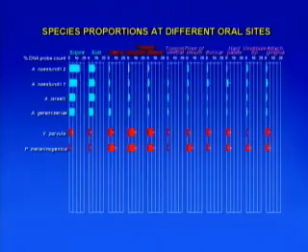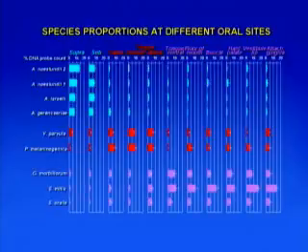And in fact, if we look at supra and subgingival plaque, we note that these particular biofilms are dominated by the Actinomyces species, and we don't actually see those species very much on the other surfaces. If we look at the red bars, which are V. parvula and P. melaninogenica, these species tend to be in the highest proportions in saliva, the tongue dorsum, and the tongue lateral, as we can see here and here, and are at lower proportions on the other sampled sites.